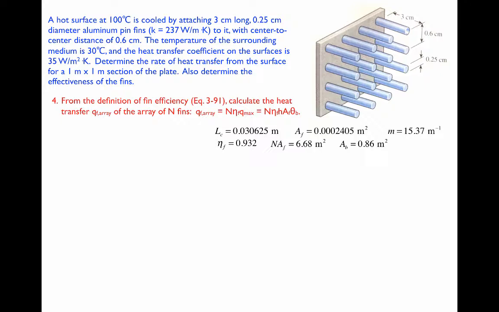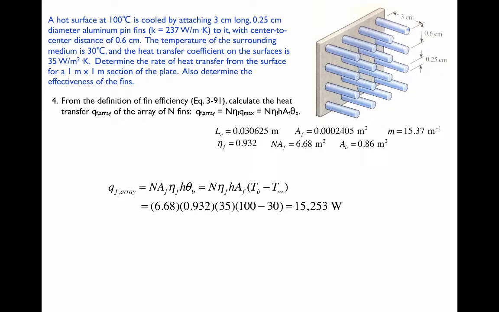And we move on to step 4, to calculate the heat transfer from the entire array of fins. That's equal to N A_f, the total finned surface area, times the fin efficiency, times h times T base minus T infinity.